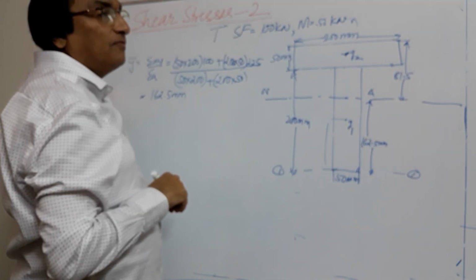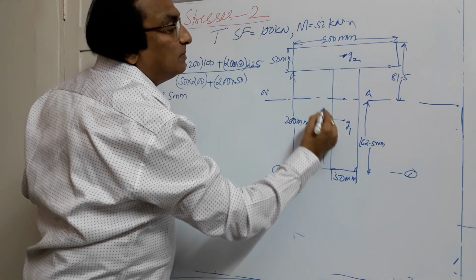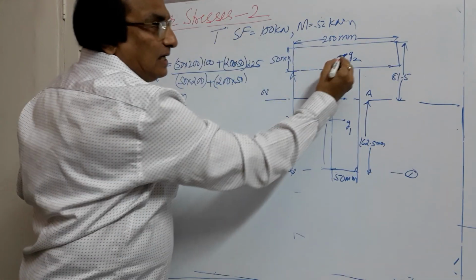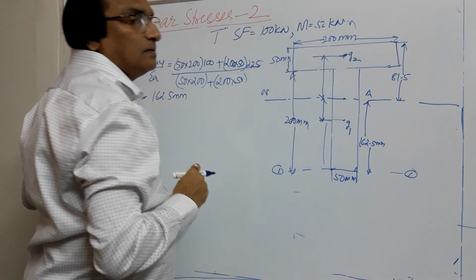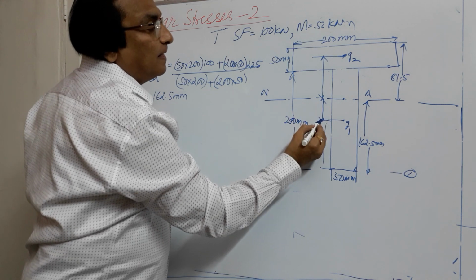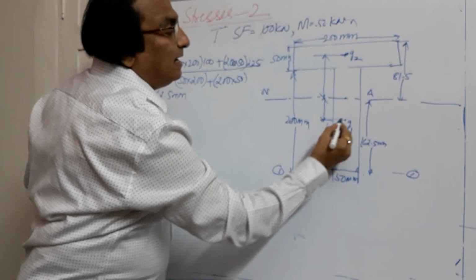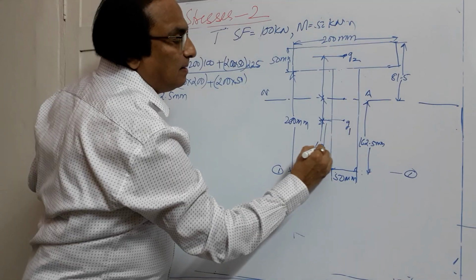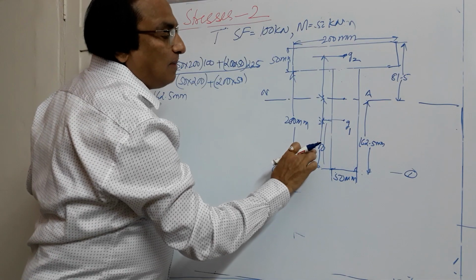To find out moment of inertia, what we need is, we need the distance of the centroid of the component from the neutral axis. I want this for G1. The centroid of this G2, I want this distance also to find out the moment of inertia. So to find out this distance, we know this distance is 162.5 and this being of 200 mm depth, so this distance will be 100 mm. So what will be this balance amount? 162.5 minus 100.